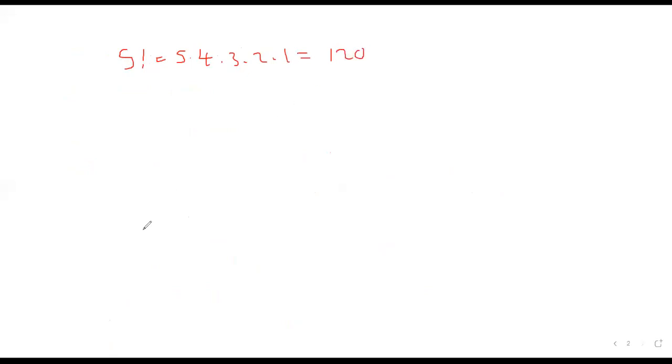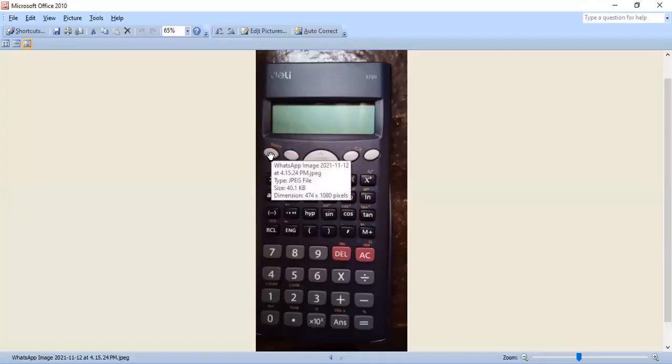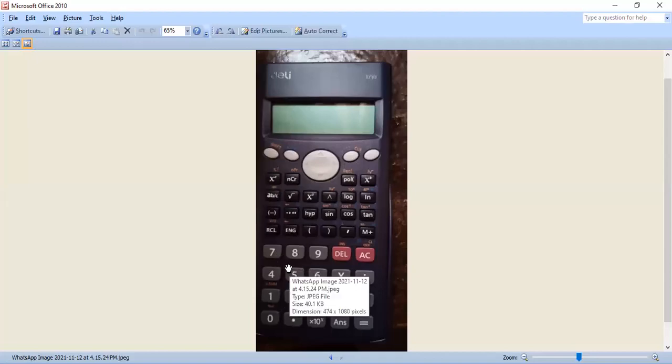All right. So using the calculator, when we press 5 factorial, you press 5, then shift, then this exclamation mark, then equals. Okay.